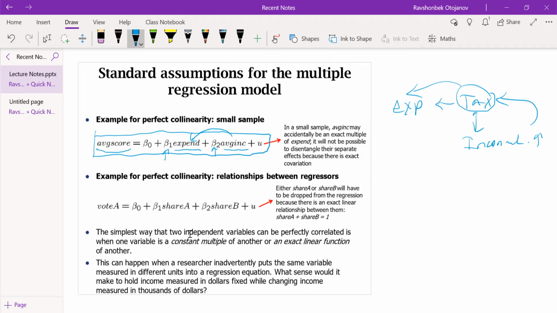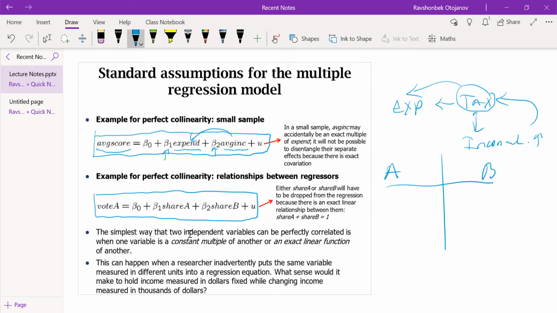Now moving on, I have another example here, and this is an interesting one. Let's say usually in the USA you have two candidates, candidate A and candidate B, and their campaign spending is really crucial for the outcome of the voting.